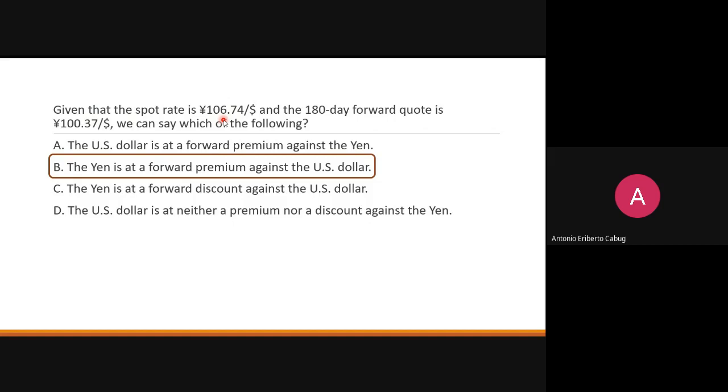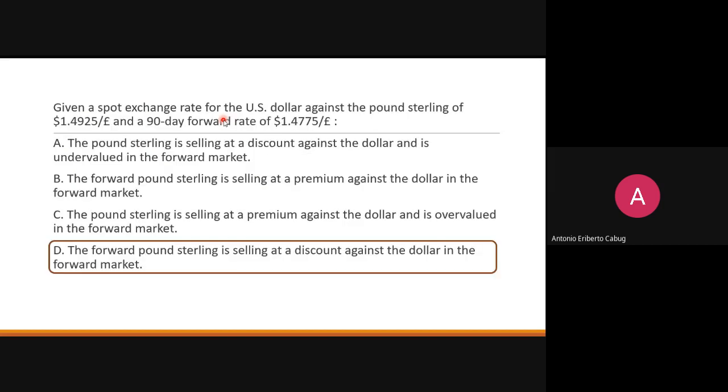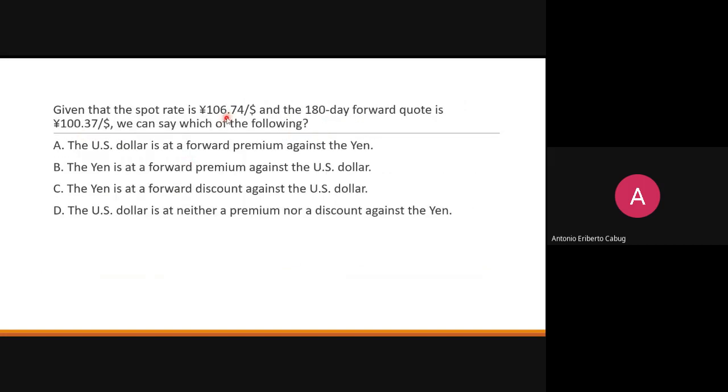Mag-ingat kayo sa interpretation ng number, ha. A while ago, we were talking about the pound sterling, and this number is lower than this and therefore this is a discount because we're talking about the value of the pound. However, the given in this problem is the value of the dollar in terms of yen.